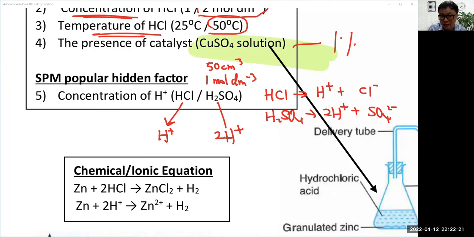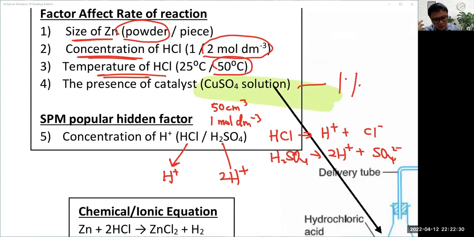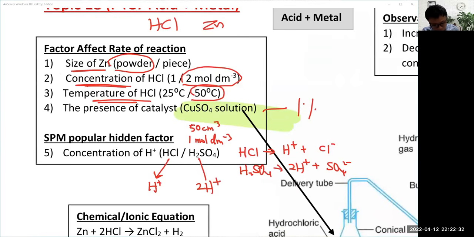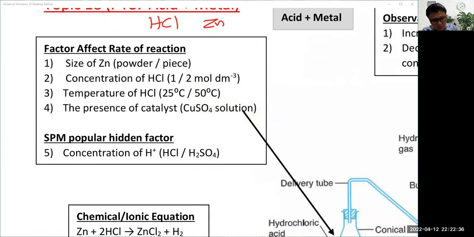So although everything looks the same, the concentration of hydrogen ion for sulfuric acid is double that of hydrochloric acid. You can see that 5 different factors can come out in the same question. So this is the first part, the factors.